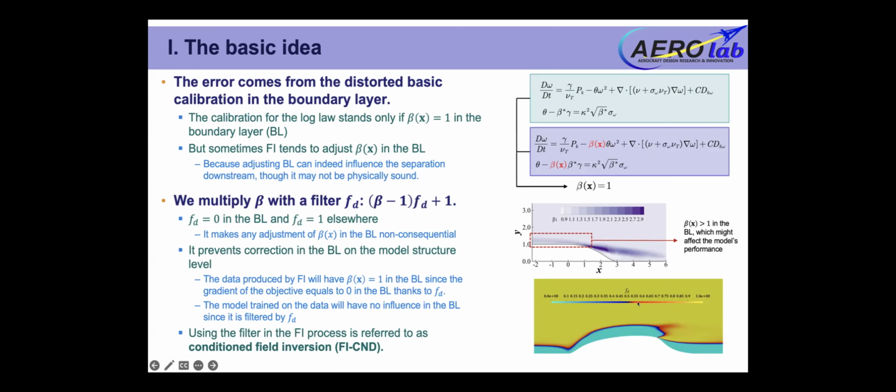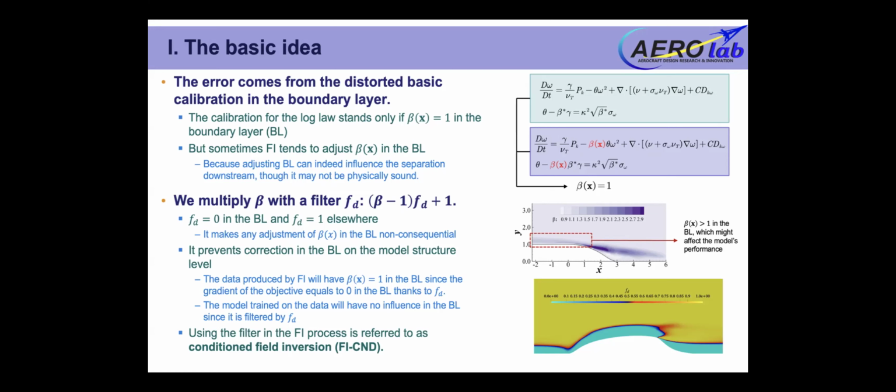You can see FD is uniformly 0 in the boundary layer and is 1 elsewhere. So it makes any adjustment of the correction term beta in the boundary layer inconsequential. It prevents the correction in the boundary layer on the model structure level, which means that the data produced by the field inversion will have beta uniformly 1 in the boundary layer, since the gradient of the objective equals 0 in the boundary layer thanks to the filter function FD.